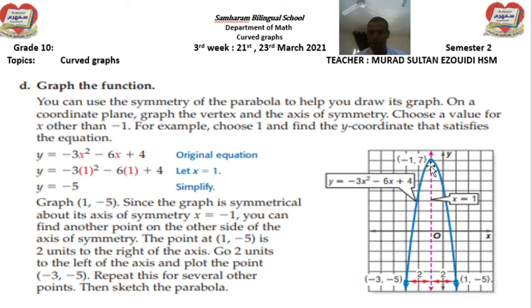This point is the vertex or the maximum, and the curve opens downwards. Since the graph is symmetrical about its axis of symmetry x equal negative 1, you can find another point on the other side of the axis of symmetry, the point at negative 3, negative 5, and then you can sketch your parabola.